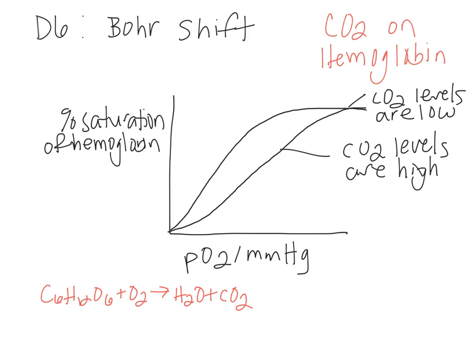So it's just requiring less of a change in partial pressure of oxygen in order for hemoglobin to give up some of its oxygen molecules. So carbon dioxide causes hemoglobin to donate or dissociate its oxygen molecules easier, and that's because carbon dioxide is produced by tissues that need oxygen because of their respiratory habits.